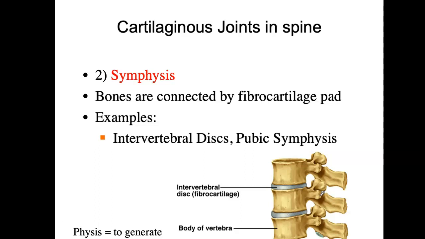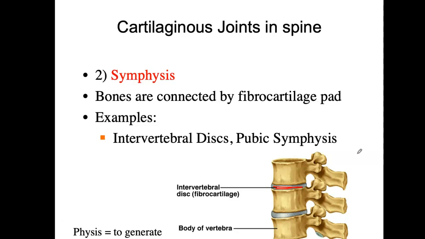We also have cartilaginous joints in your spine, and that's called a symphysis. You know that you have these fibrocartilage pads, correct, between bone, the intervertebral disc, and that's going to function as cushioning between these bones. It's cartilage involved there, and that is called a symphysis.